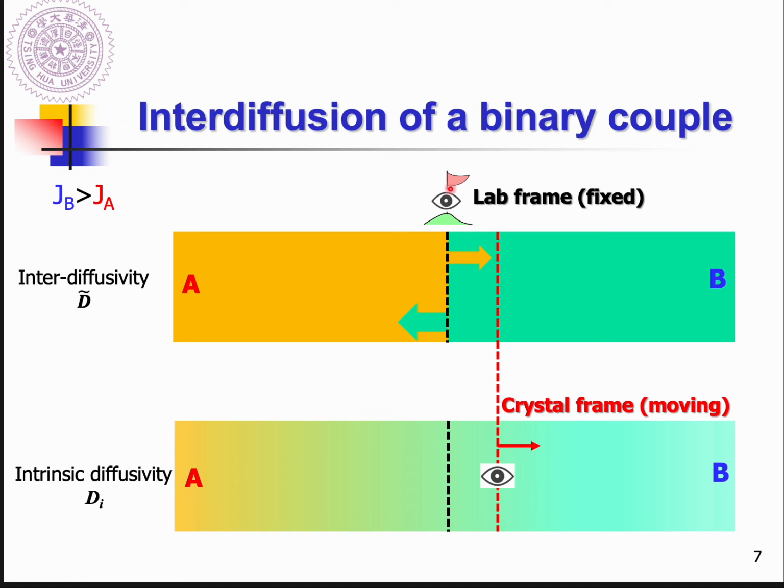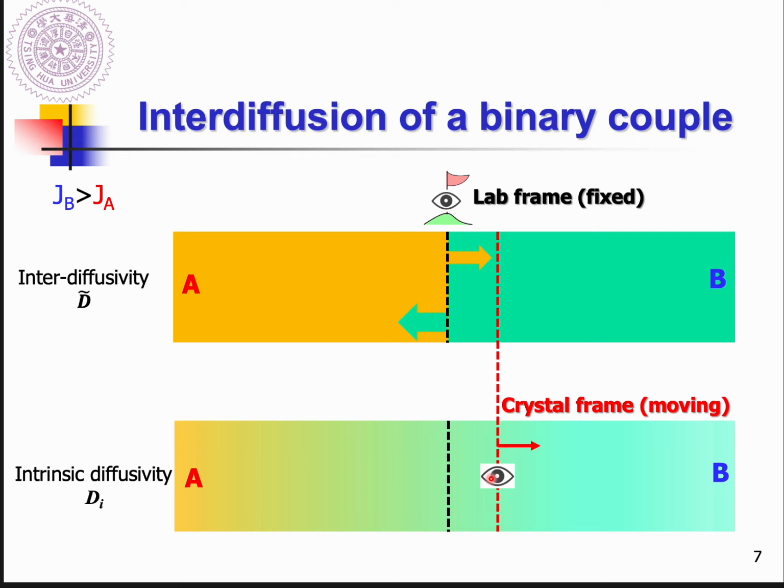And in this case, the diffusivity you measure is what we call the interdiffusivity. But the intrinsic diffusivity is when you stand inside these materials. So the diffusivity you measure will be the intrinsic diffusivity. In this case, probably you will have one question.